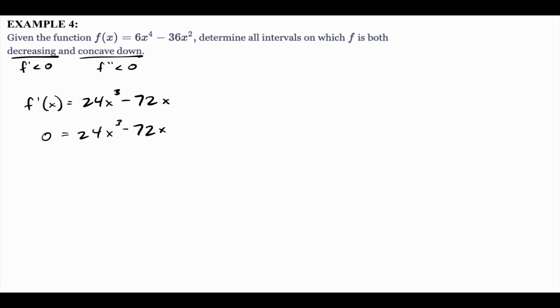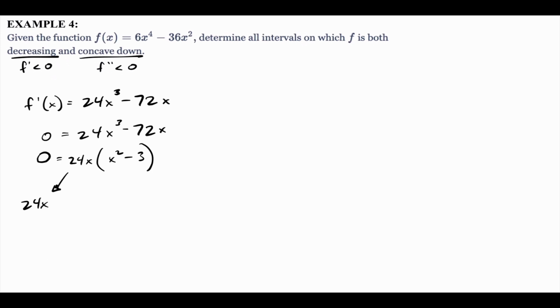It's got two terms, 24x to the third and negative 72x. So it's got a GCF. Both of them can be divided by 24x. So that's going to leave x squared minus 3, I believe. Set both of those guys equal to 0. We're going to get our answers.